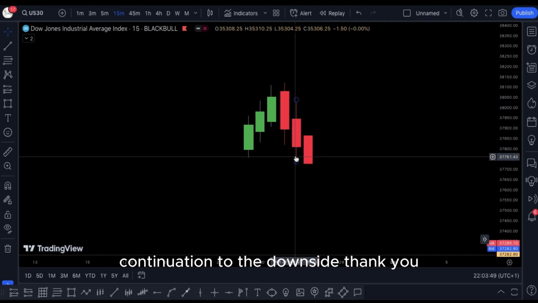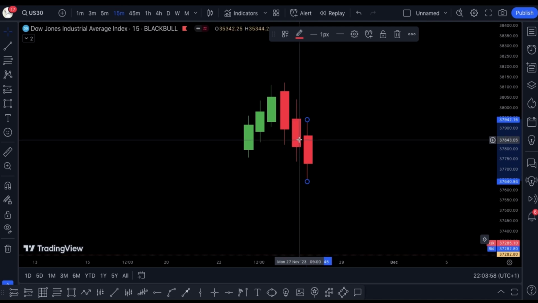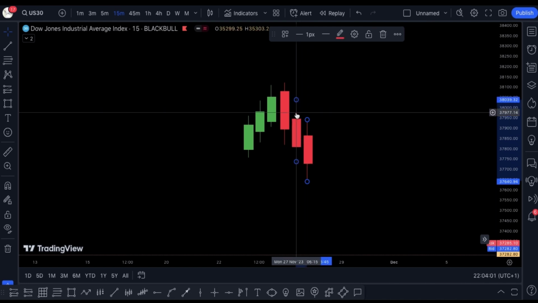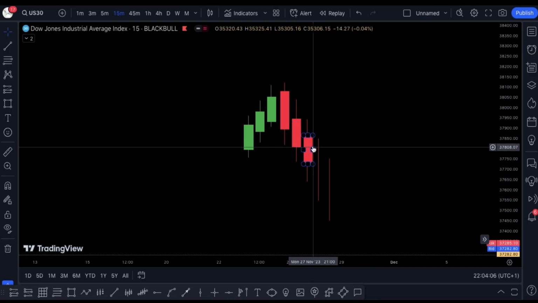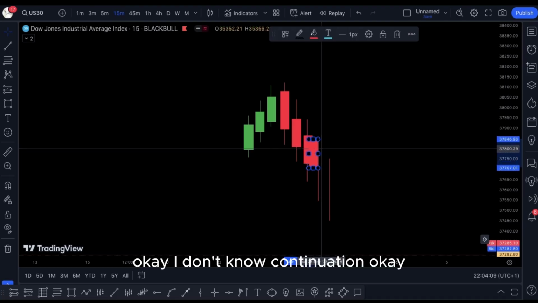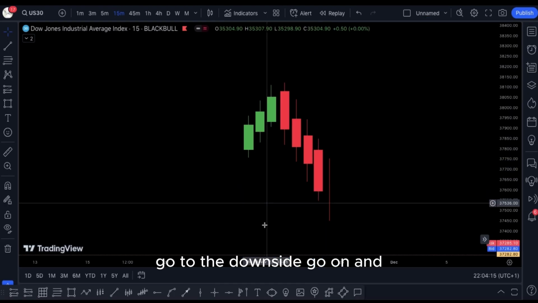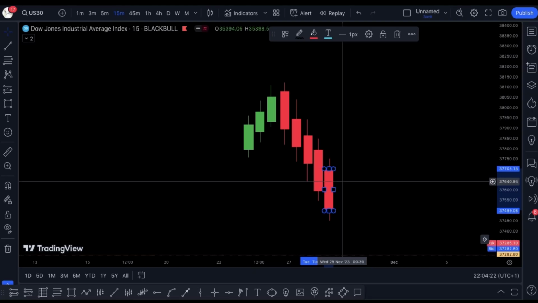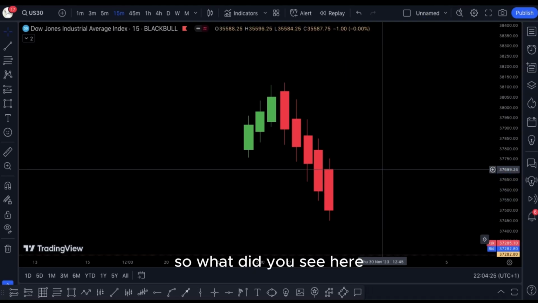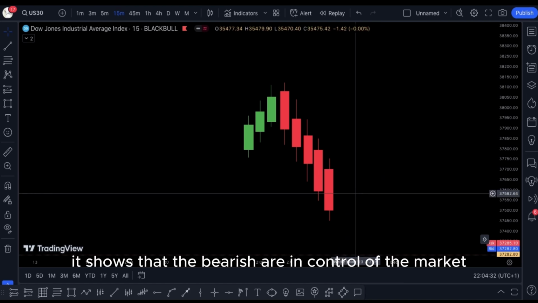Another continuation to the downside, and another continuation to the downside, and so on. So what did you see here? What did happen? It shows that the bearish are in control of the market.